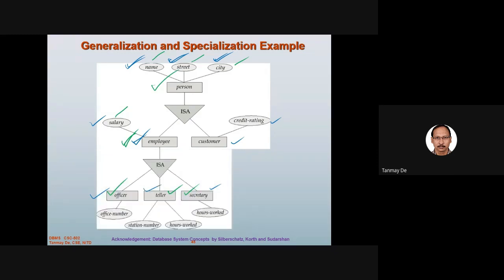Suppose here it is the customer. In customer there may be senior citizens and non-senior citizens. Is it okay? Yes, sir.